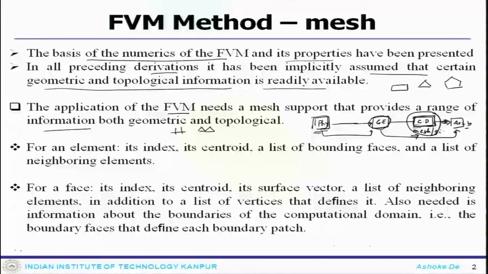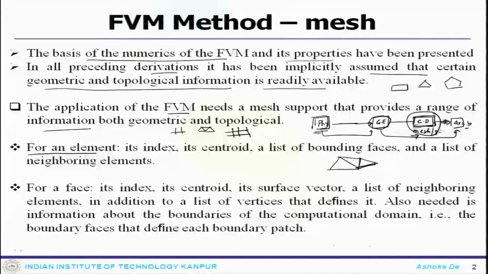So, there are multiple ways one can generate the mesh. But for a particular element, let us say a rectangular element, there is information which is very much essential for that element. When you talk about the finite volume process, you have these cells or elements.